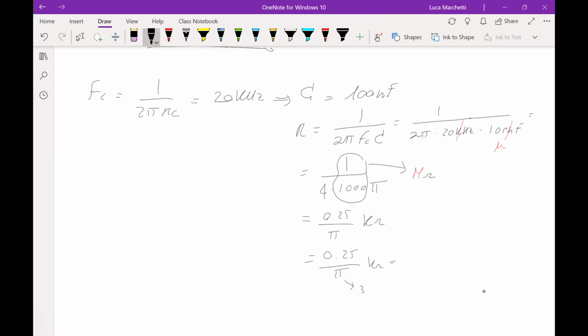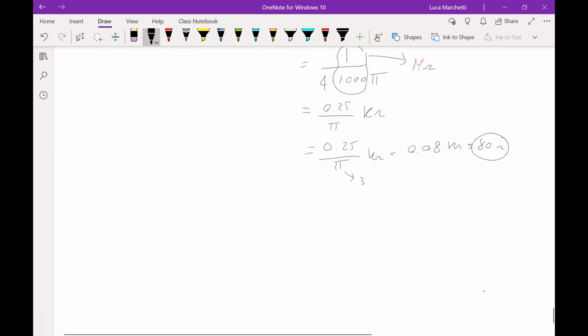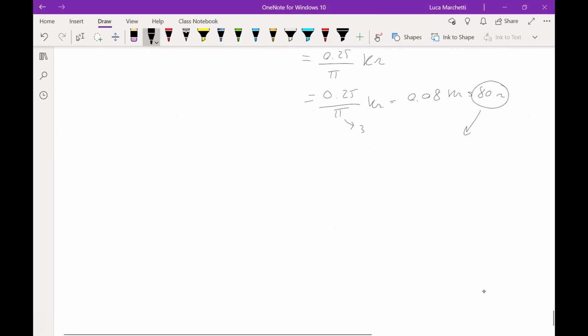So 0.25 divided by 3 is approximately 0.08, which means this one will be 80 ohm. Now you go to your table and check if there is 80 or 8. I don't see any 8. There is 8.2 and 7.5. So I have to change the value to 75 ohm or 82 ohm.